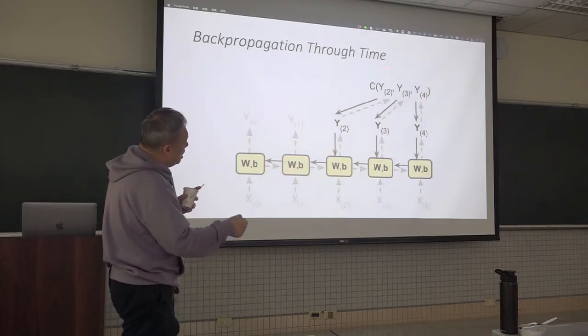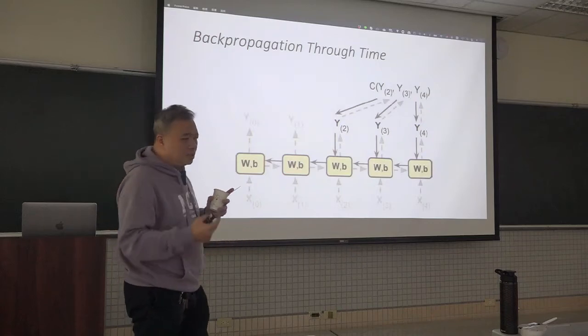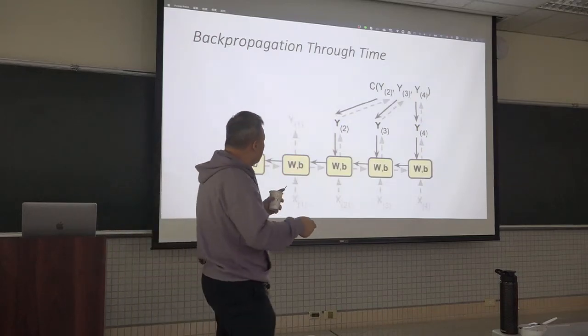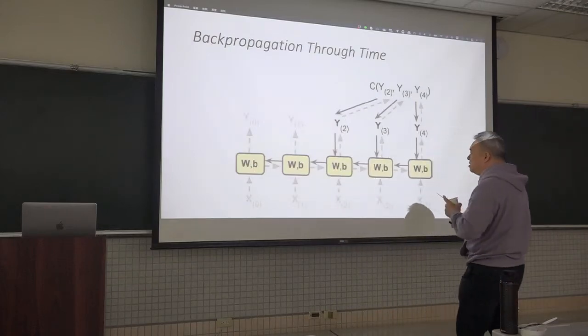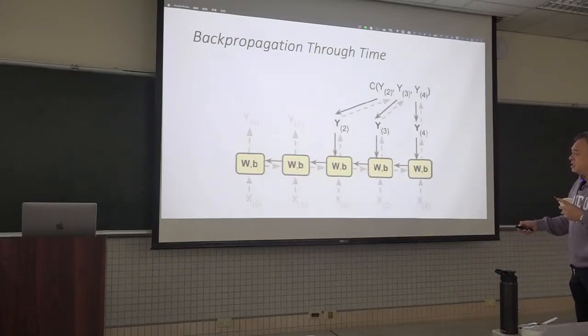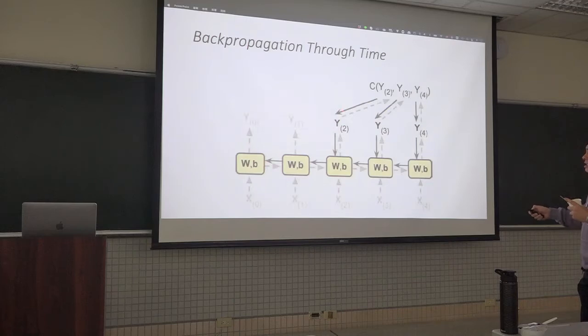Then we calculate the gradient here. The gray arrow represents how the forward pass is done, and the solid dark arrow shows how the gradients are sent back to your model to adjust the weights.